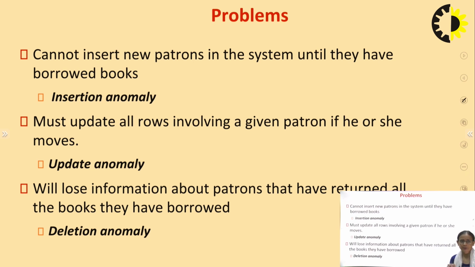For example, if you are updating a single patron and that patron appears at multiple locations in your table, then we need to update all those rows. So it gives rise to an update anomaly. We might lose information about the patrons that have returned all the books they have borrowed, and this leads to the deletion anomaly.